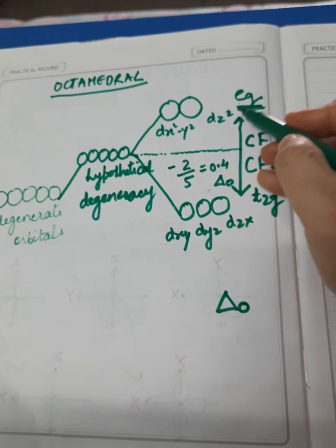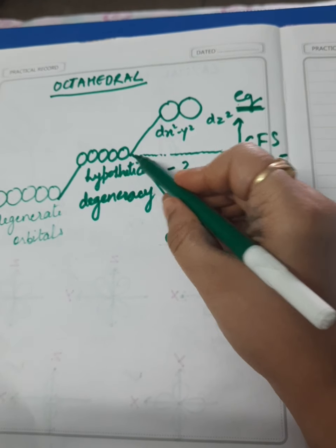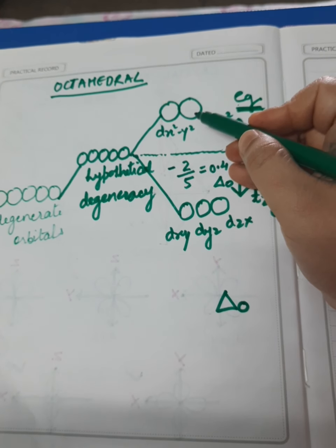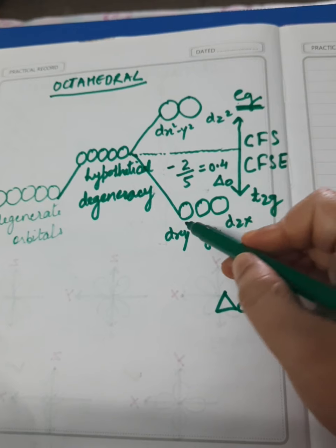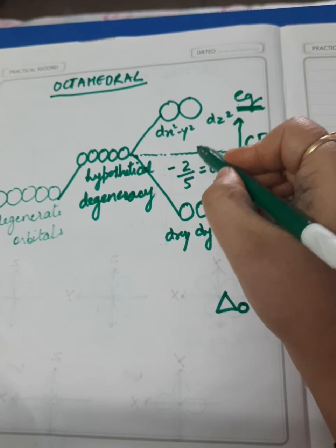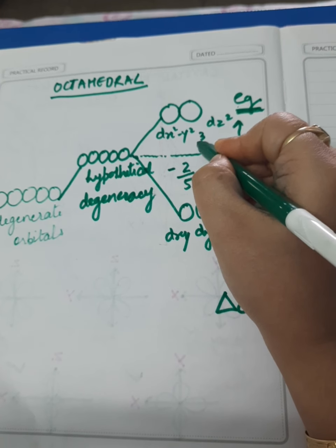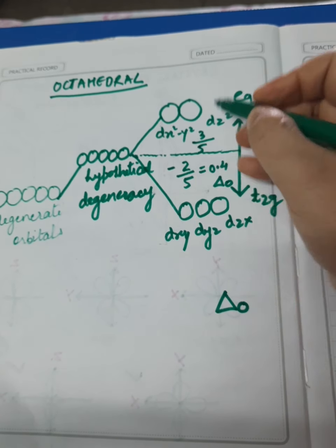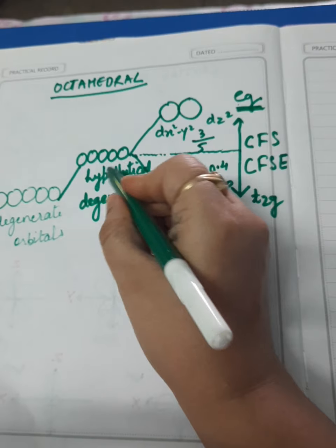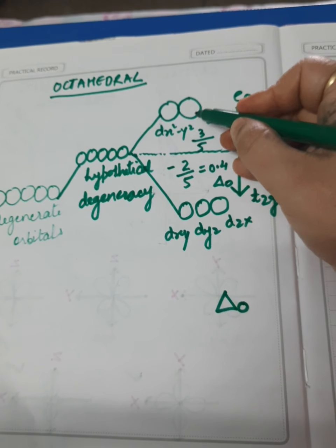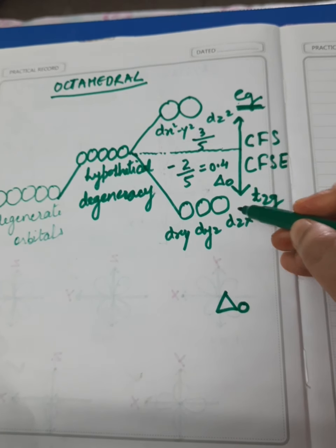Now for the EG set, from the hypothetical degeneracy, these two orbitals have more energy than the 3 orbitals. So their energy is calculated as 3 by 5. Total 5 means 5 d orbitals, and 3 means they have more energy than those 3 orbitals.